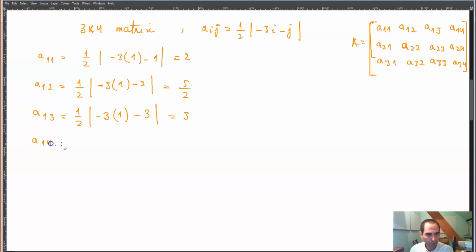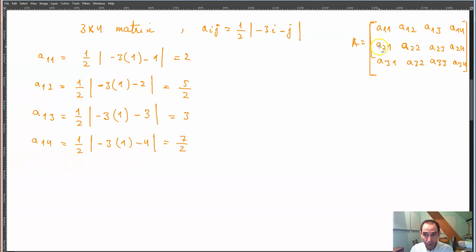A of 1,4 is equal to 1/2 times the absolute value of -3 times 1 minus 4, which is equal to -7, so +7, 7/2.